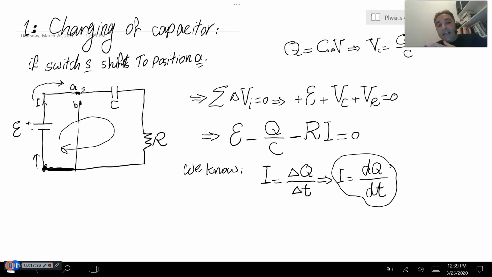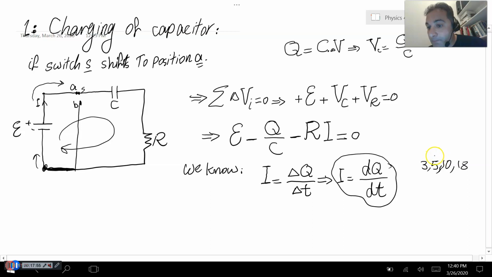Because the charge accumulates as time passes. For example, right now it is 3, then after 1 second it is 5, then after another second it is 10, after another second it is 18. So 5 minus 3 is 2, 10 minus 5 is 5, 18 minus 10 is 8. So Q here increases, correct?